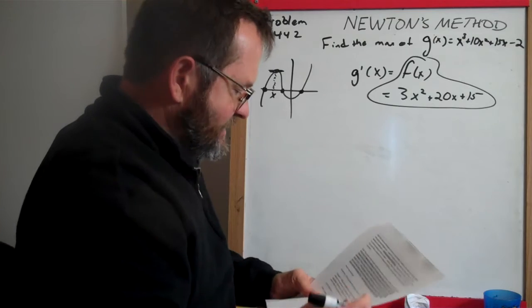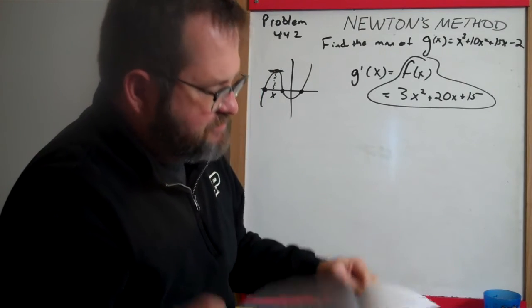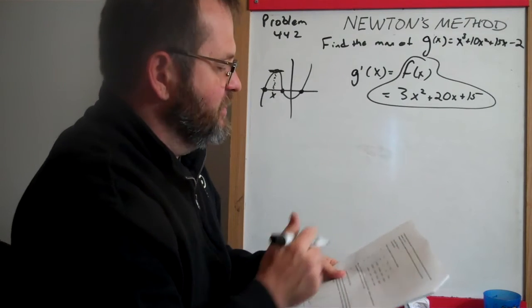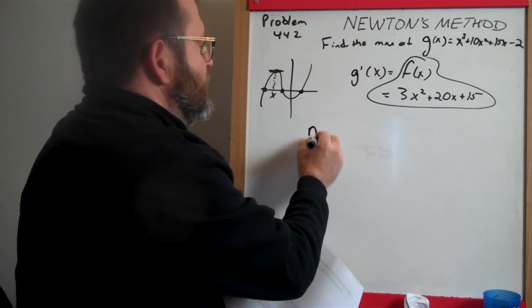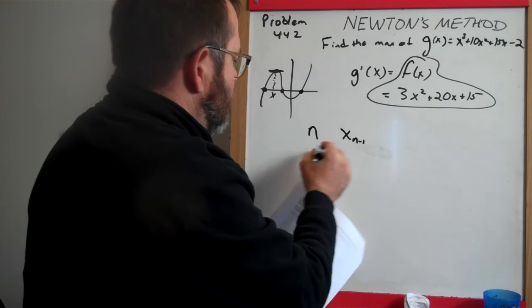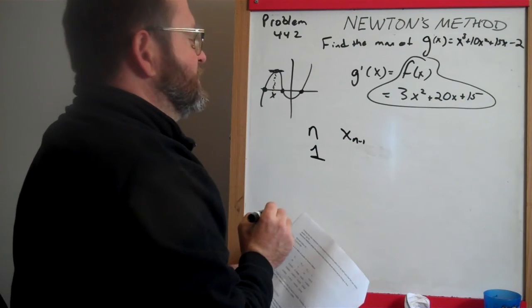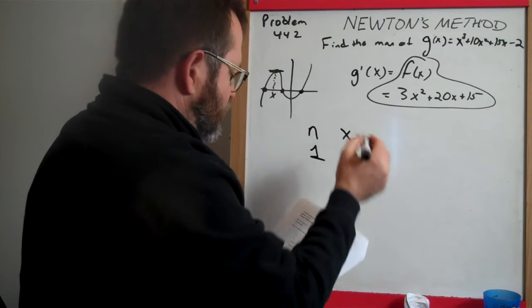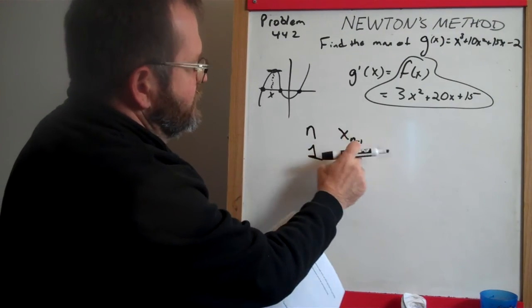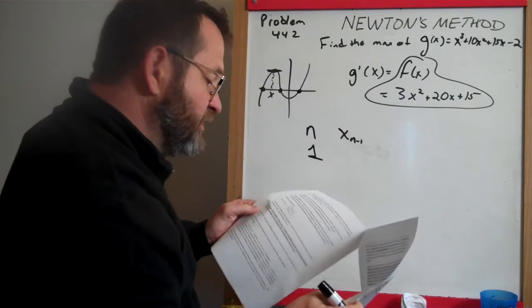All right, in this case here, I actually just made a little table on page 4 that looks exactly like what I did on the board before, where I said, here's n, so then we're going to need to know x of n minus 1. Like, for example, when we're trying to find guess n equals 1, we'll need to know the initial guess, because that'll be x of n minus 1, or x of 0. That's our initial guess.